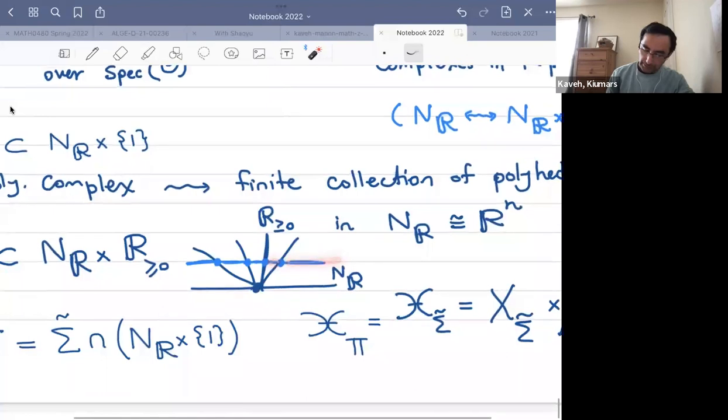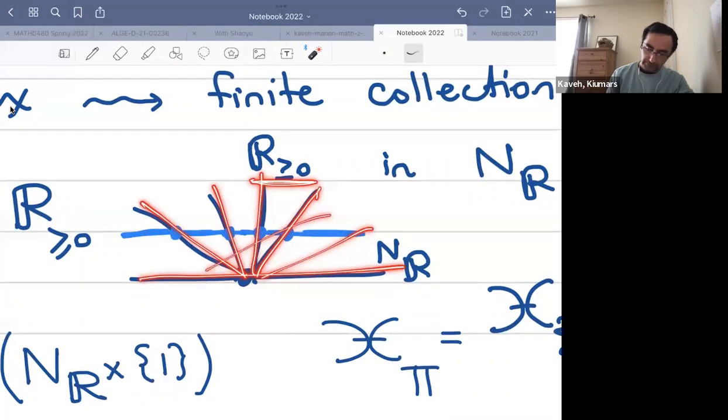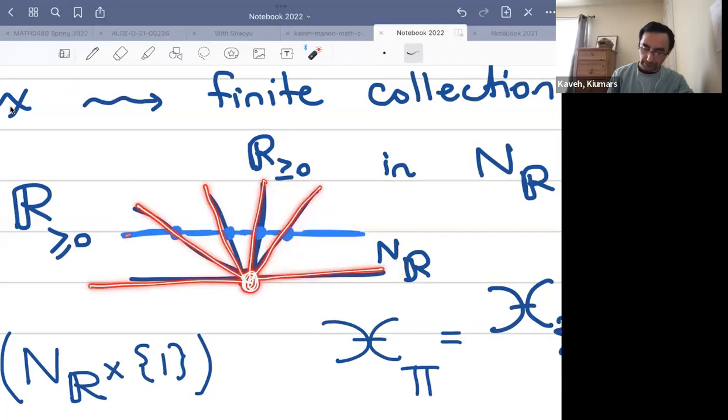So to construct it, you have a polyhedral complex like this in one dimension. You have just a bunch of segments overlapping on endpoints. Then you add one extra dimension, R plus, and construct a fan lying in the positive part, by considering the cone over this polyhedral complex.